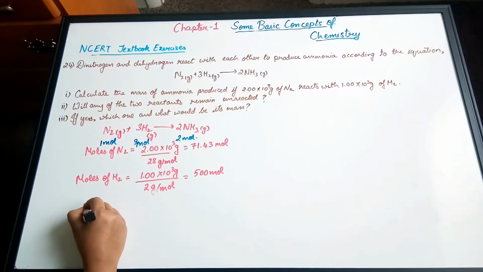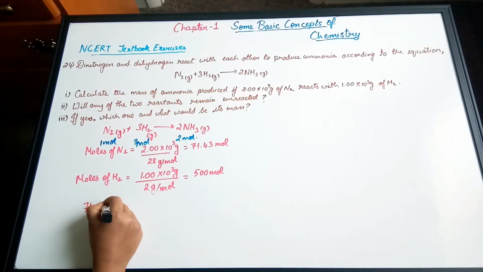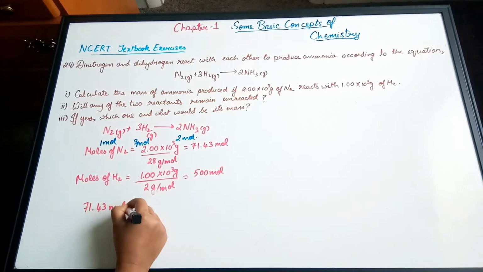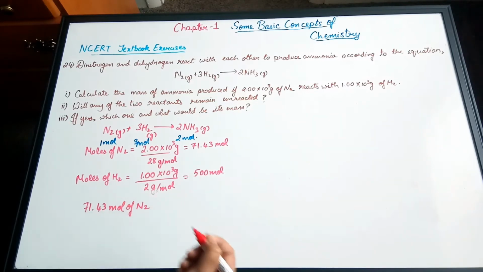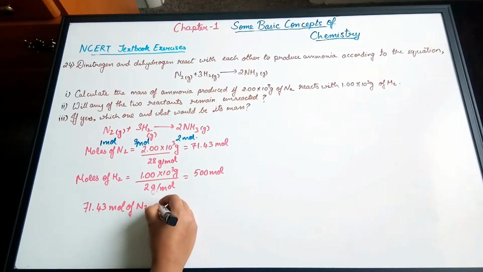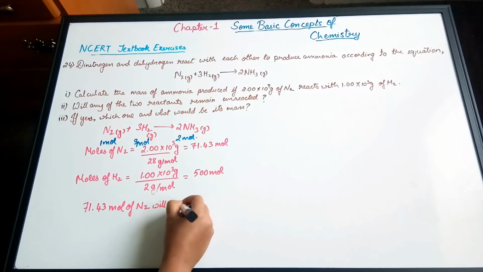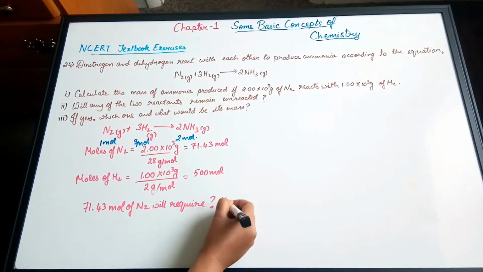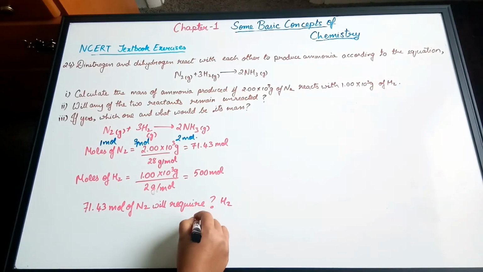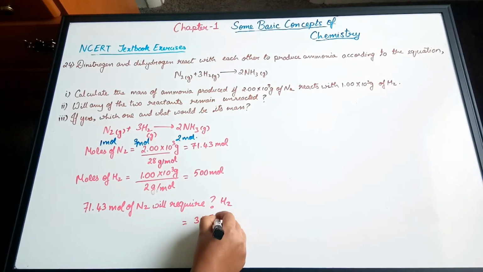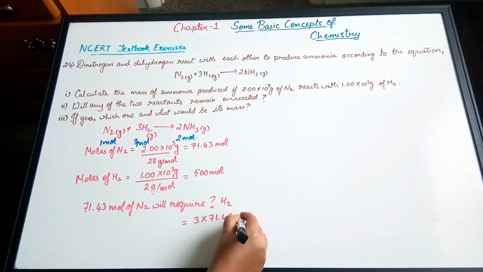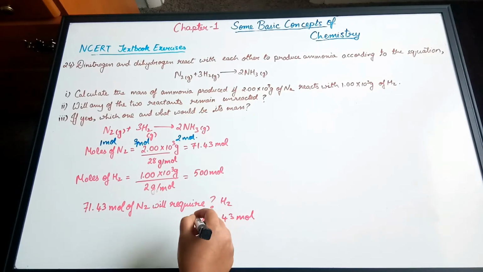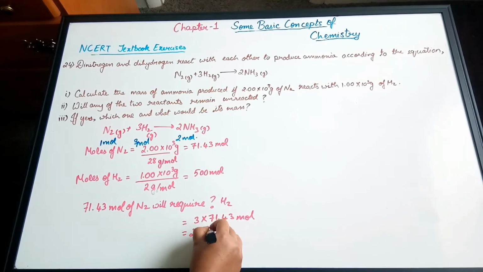So 71.43 moles of nitrogen will require how much hydrogen? This is given by 3 into 71.43 moles, and when this is calculated, we get 214.29 moles.